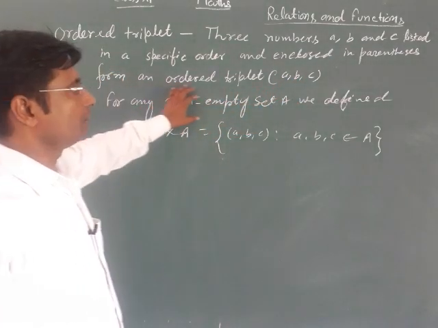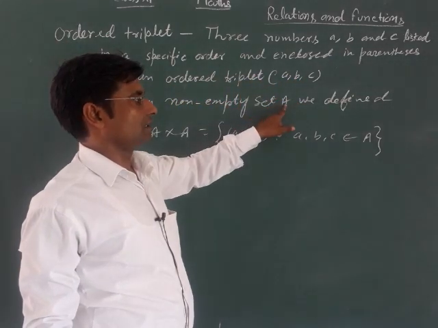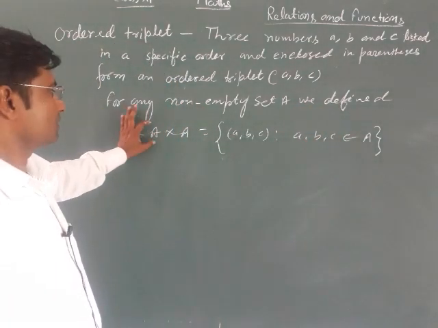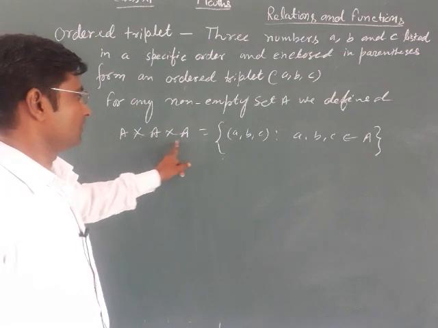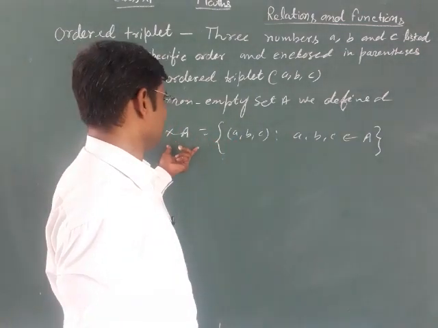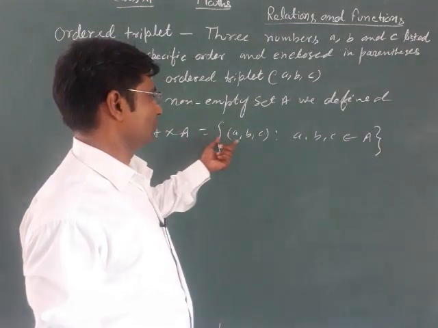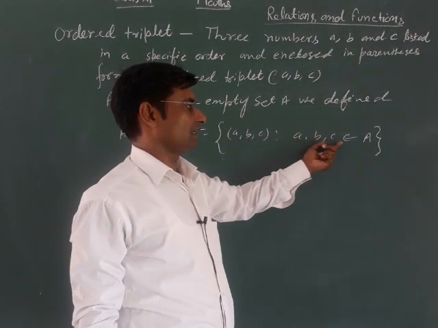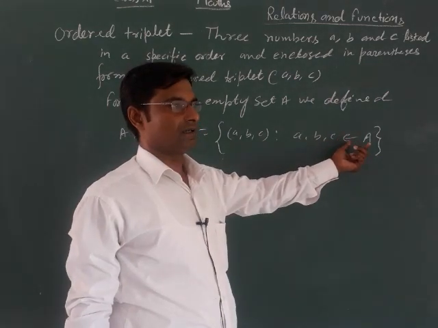So for any non-empty set, let us call it A, we define A cross A cross A. This is a triplet. Symbolically, A cross A cross A is equal to the set of (a, b, c) such that a, b, c are taken as elements of A.